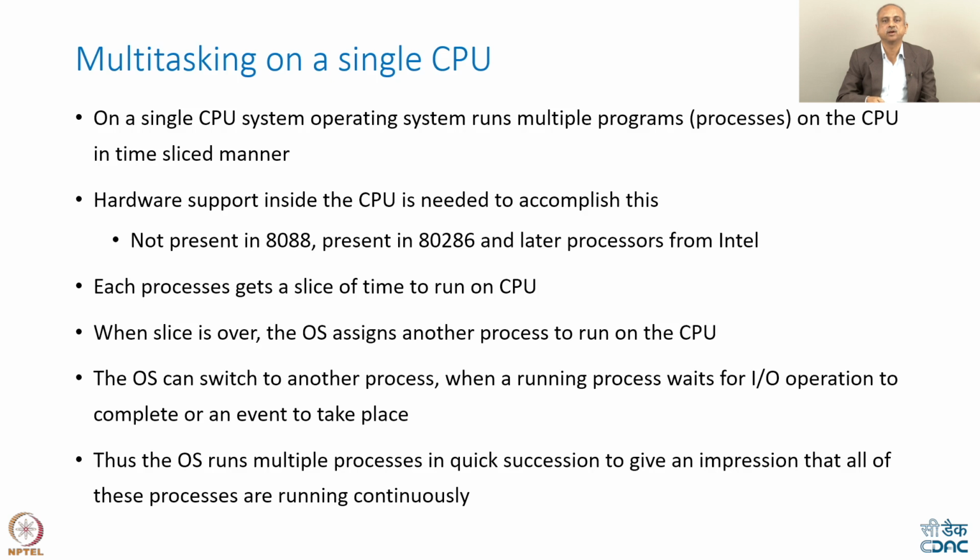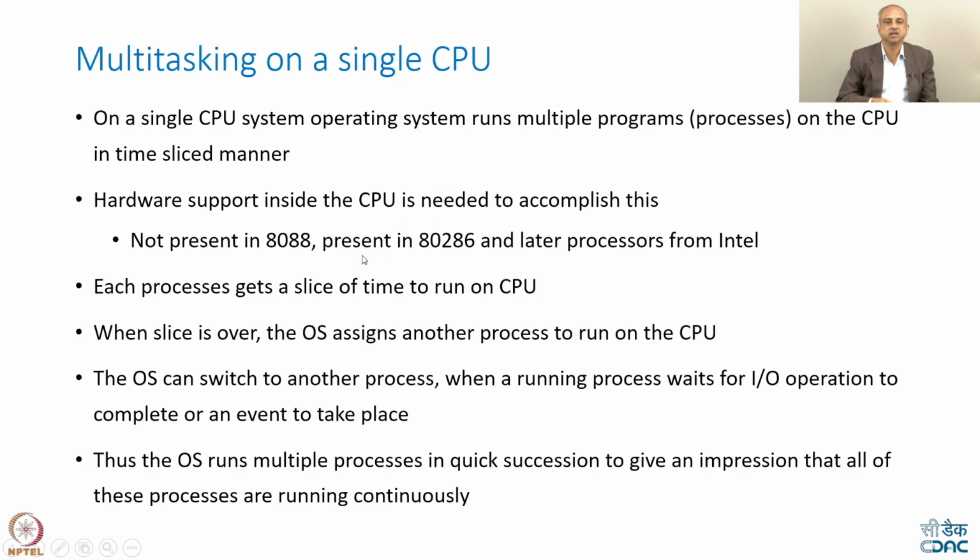What is important to note here is that hardware support is needed in the CPU to accomplish this. Let me point out that in an 8088 based or an 8086 based system that we described in the previous slide, such a facility was not available, but processors like 286, 386, 486 and the subsequent processors from Intel had the support in hardware to accomplish this.